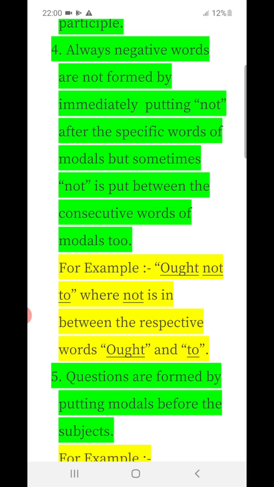For example, ought not to, where not is in between the respective words ought and to.